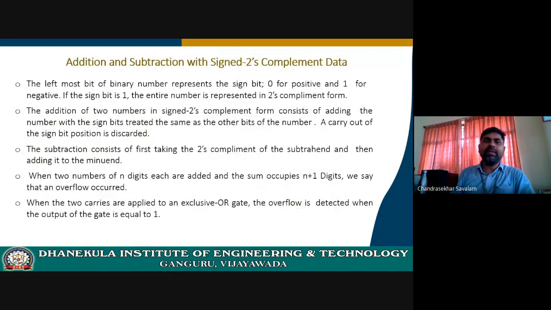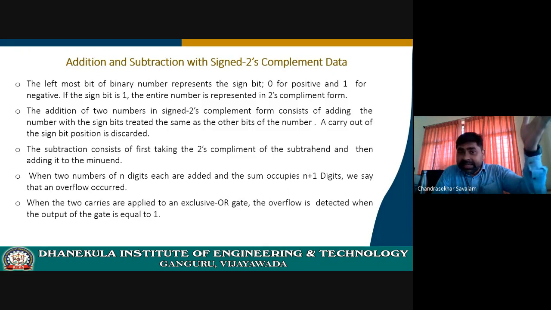And the second method is how you are going to do addition and subtraction by using the 2's complement method, 2's complement data. Students, even in the previous sign magnitude representation, we are doing subtraction by using the 2's complement method only. But what is the difference there?